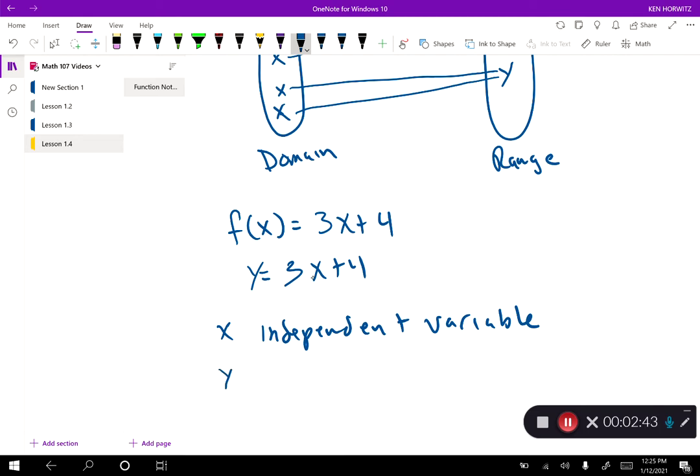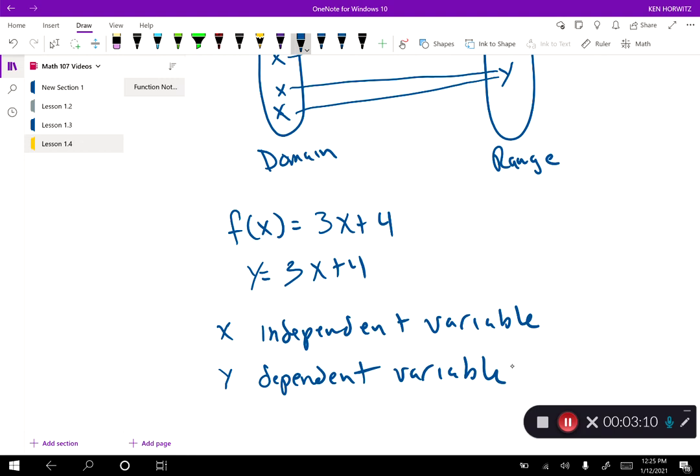If I pick 4, 4 times 3 is 12, plus 4 is 16, so y has to be 16. So we call this a dependent variable, because y is dependent on whatever you pick for x. I could pick a different element for x, and y is going to be something different.